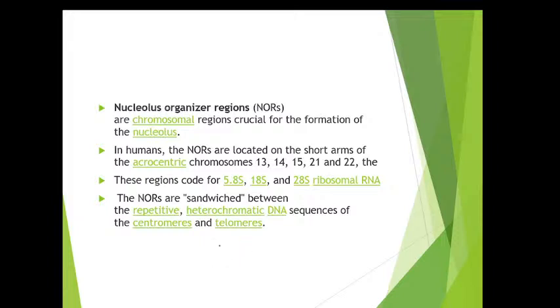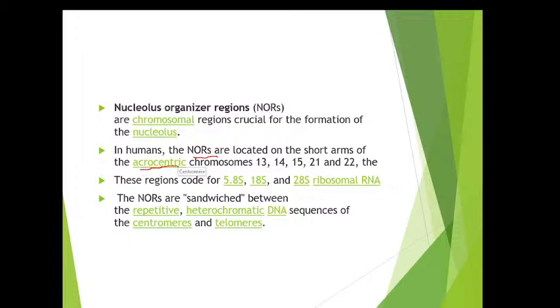Now, the nucleolar organizer regions, or NORs, are the chromosomal regions responsible for the formation of the nucleolus. In humans, the NORs are located on the short arms of the acrocentric chromosomes.